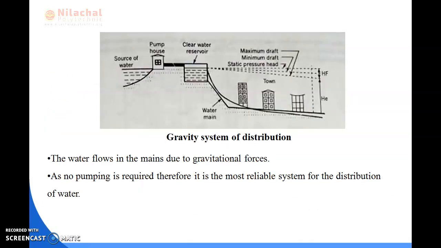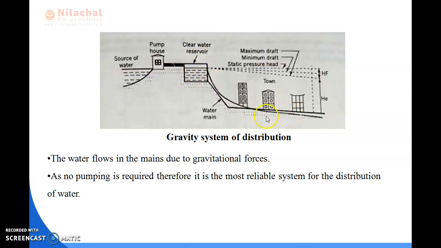Okay, you can see here the image of this. Here is the source of water, from where we can take the water, that is lake, river, oceans, reservoirs. After that it is supplied to the pump house, then to the clear water reservoir, then after that it is supplied to the town or the city.